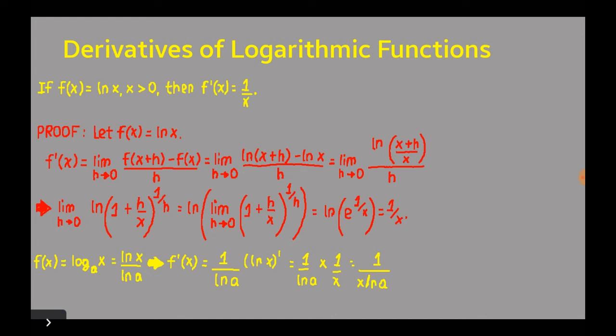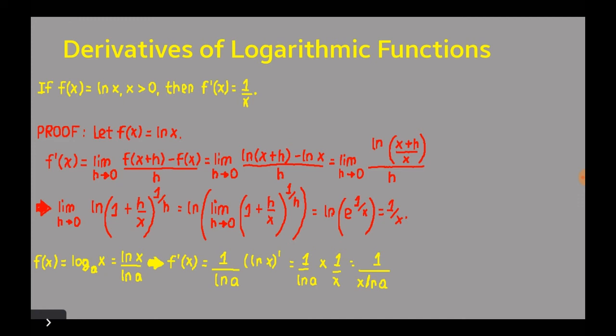Then the limit as h approaches 0 of ln of 1 plus h over x, to the power of 1 over h, which is ln of the limit as h approaches 0 of 1 plus h over x, the whole to the power of 1 over h. Ln of e to the power of 1 over x is 1 over x.